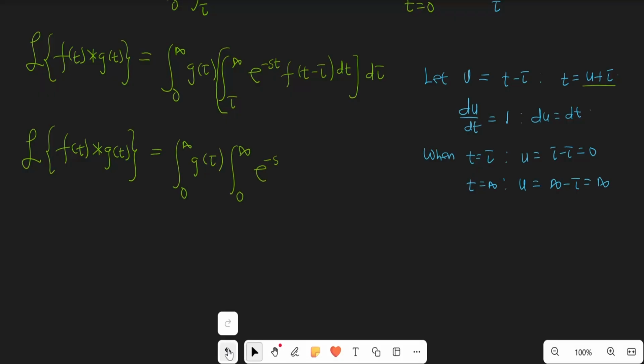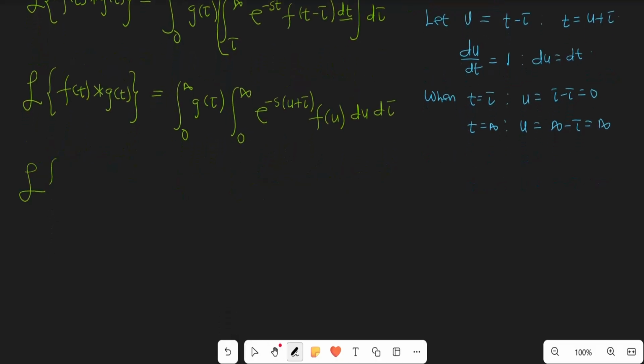T can be replaced with u plus tau, like this. And then f of t minus tau can be replaced with u, so this is f of u. And dt is the same as du. I'm sorry about that. So replace dt with du. And then this d tau is already outside. That is this one.